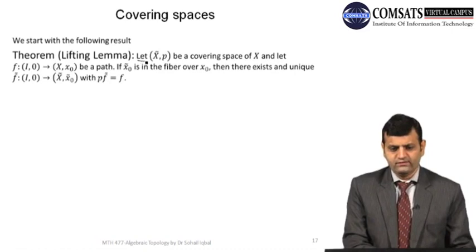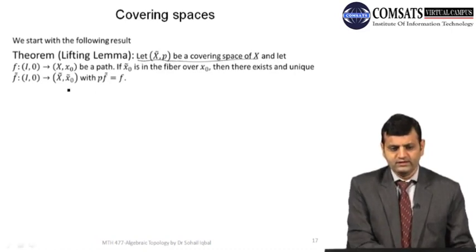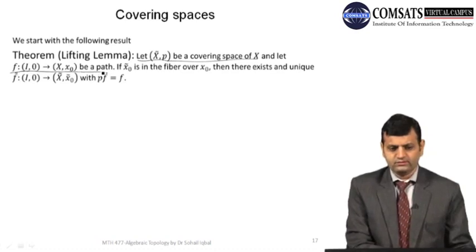So what does this statement of the theorem say? If we have a covering space of a space X, and let this be a path, any path, and if x naught tilde is in the fiber over x naught, then there exists a unique continuous function, in other words another path, such that this happens.